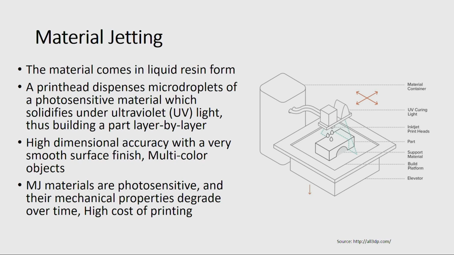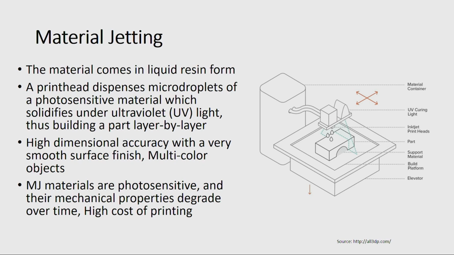One of the advantages of this material jetting 3D printer is it offers very high dimensional accuracy and very smooth surface. It has an inherent advantage of making multicolor parts. Material jetting materials are photosensitive and their mechanical properties will degrade over time.